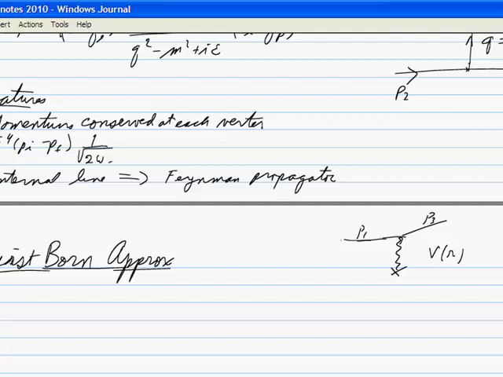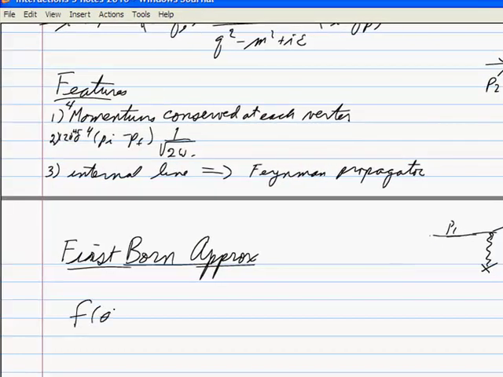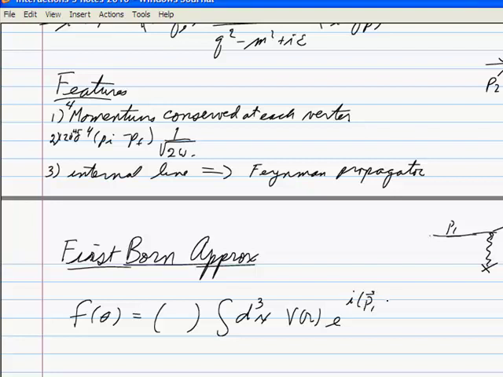Okay, and the matrix element for this, it's a function of theta. It has some numerical factors out in front, which you only remember if you're studying for your qualifying exam. But the important piece is the integral d3x V of r, or V of x, but generally a central potential, e to the i (p1 vector minus p3 vector) dot x.